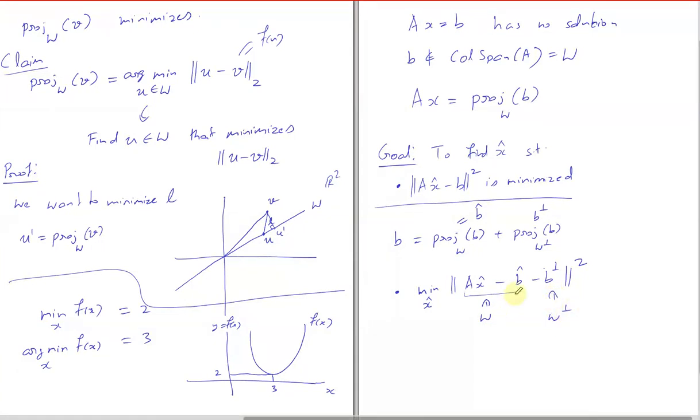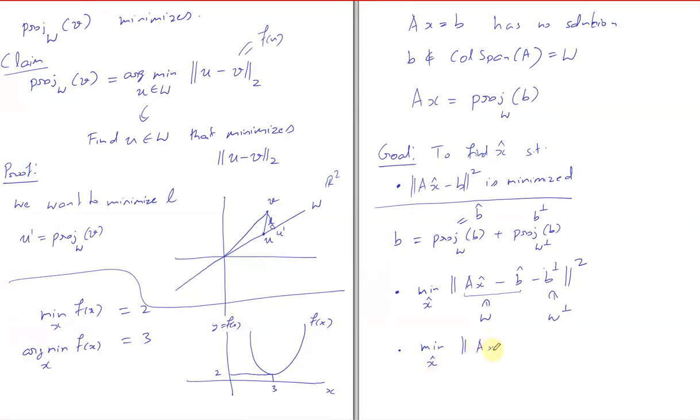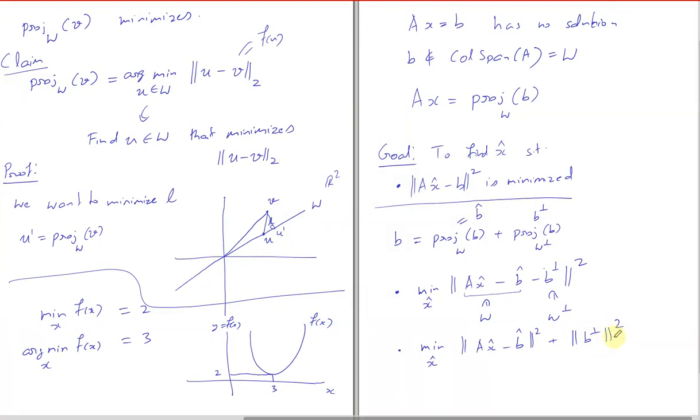These two components are orthogonal. So we can write this as minimize over x hat the norm of Ax hat minus B hat whole squared plus B perp whole squared. This is by Pythagoras theorem essentially.